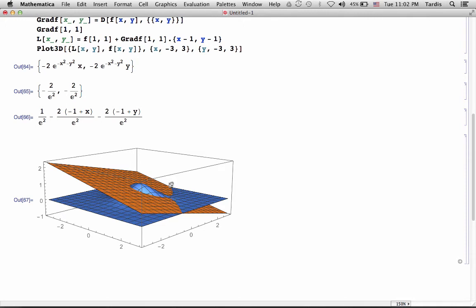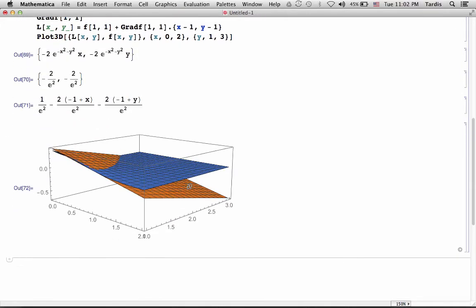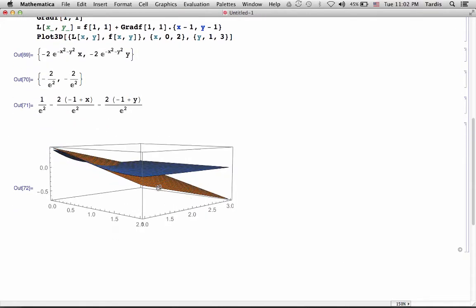Probably zooming in near the point 1, 1. Maybe we could look at 0 to 2, and let's zoom in closer, maybe 1 to 3.